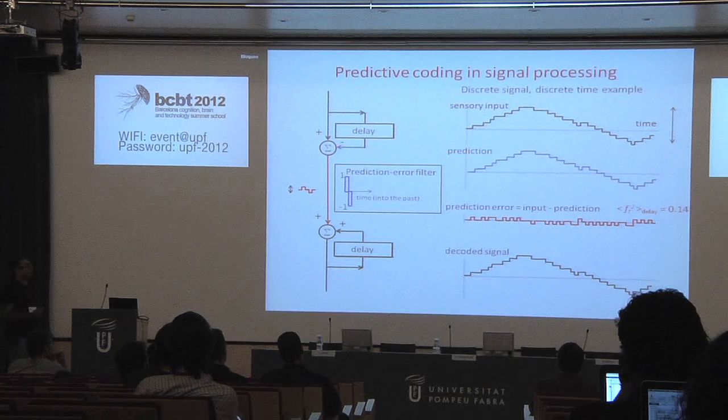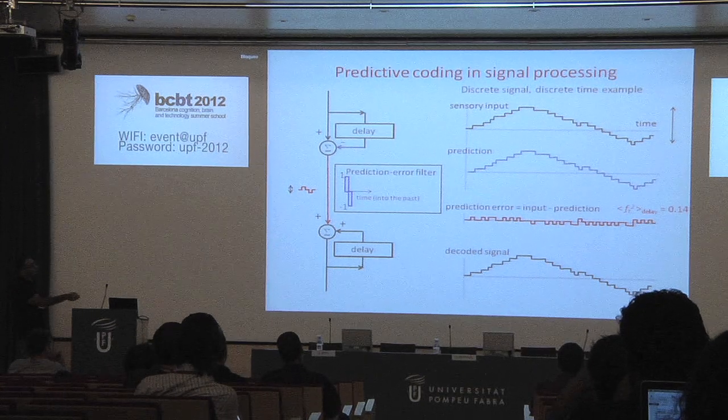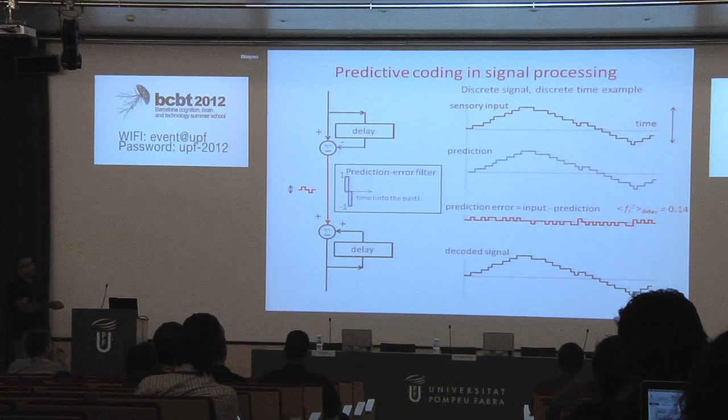In application to the brain, I will use only the front part of the scheme. And I don't want to imply that the brain is trying to reconstruct the signal on the receiving side. The only reason it's here is to prove to you that this compression is lossless, that no information gets actually lost.